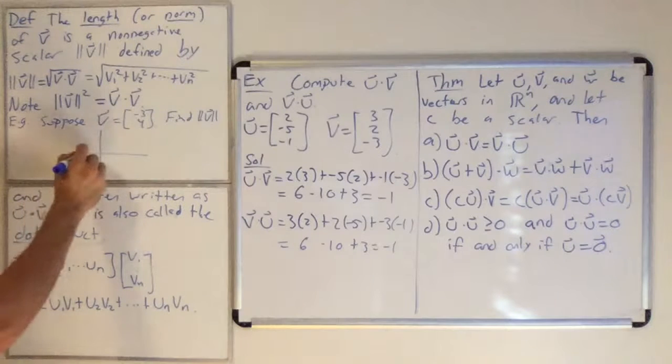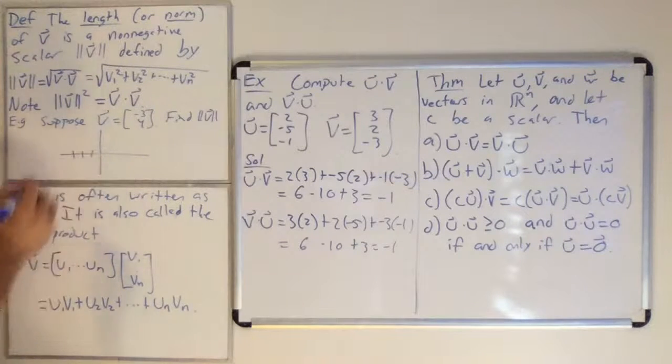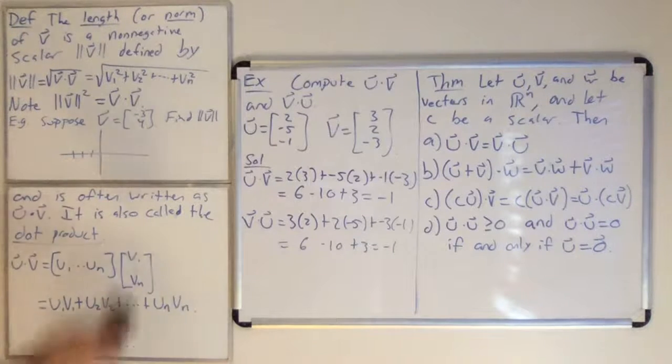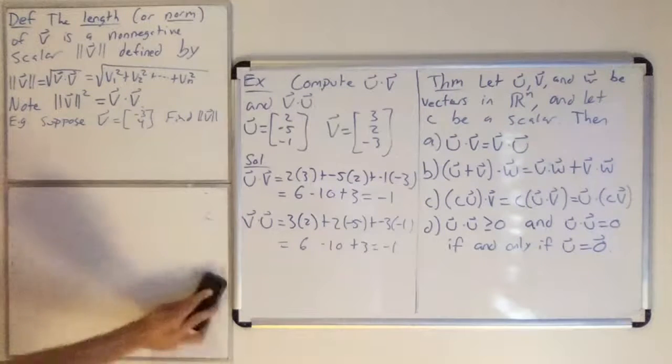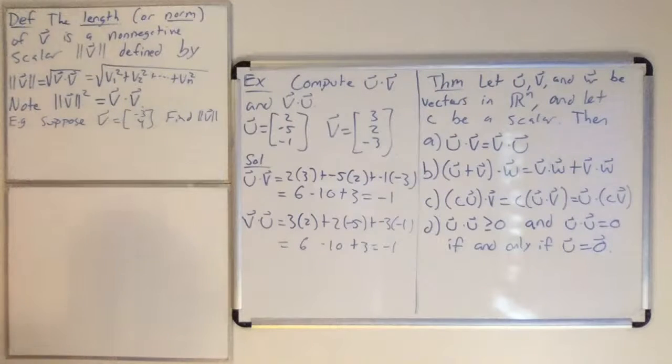Well, here we'd go 3 to the left. Maybe I should draw it in the next panel for a little bit more space. So let's find this using geometry, I guess.